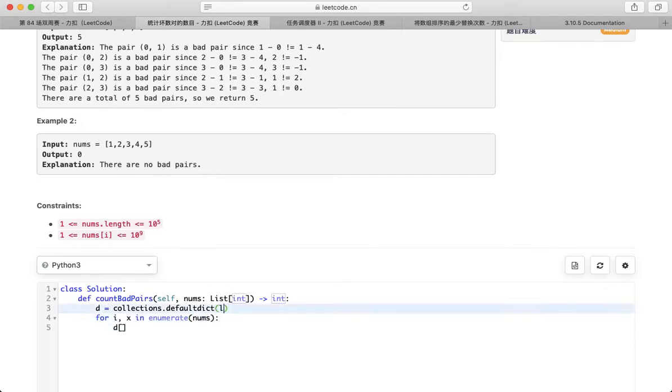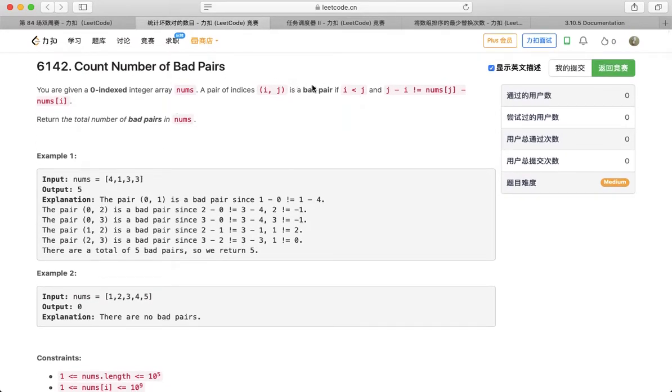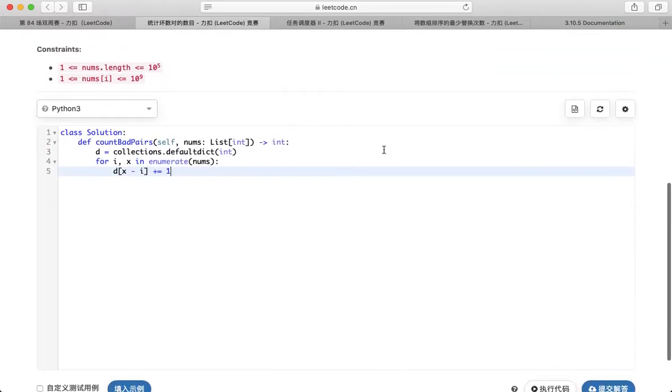It's not an int, so, well, we can do an int. So, no, it's not x, it's x minus i equals 1. Okay, it's 0 index as usual.